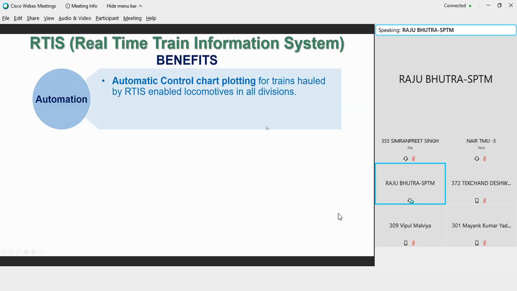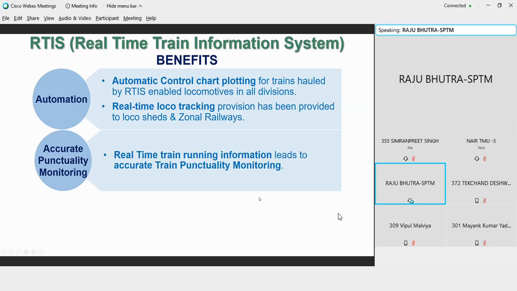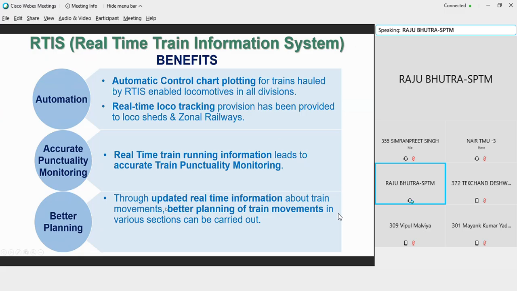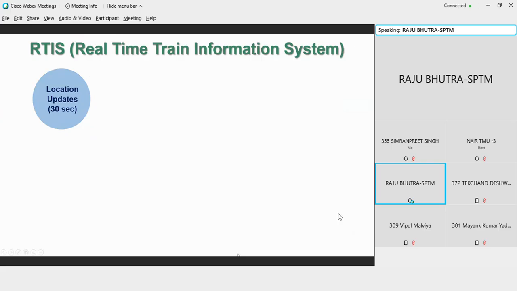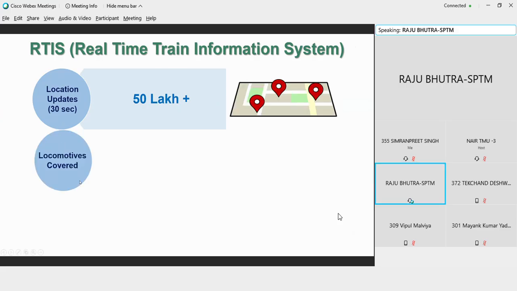Benefits are automation: automatic control chart plotting can be done, real-time loco tracking can be done, accurate punctuality monitoring can be done, then better planning can be done through updated real-time information, and it also leads to optimum crew booking. 50 lakh plus location updates are received, and locomotives covered are 2700 plus.